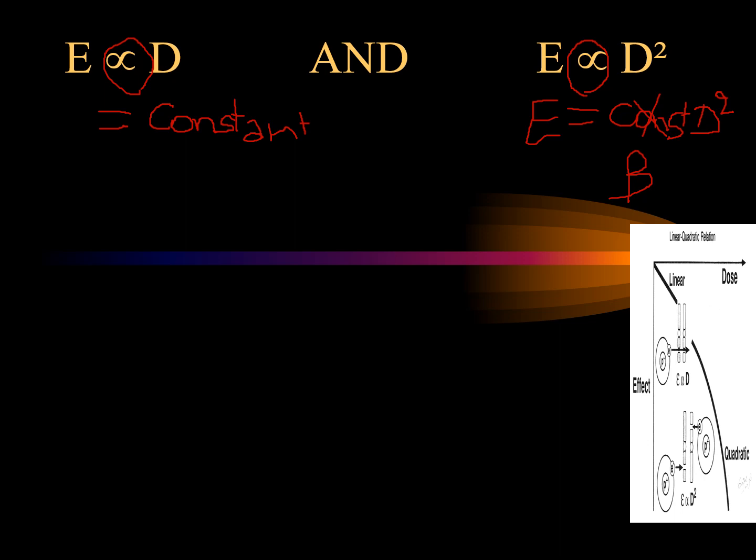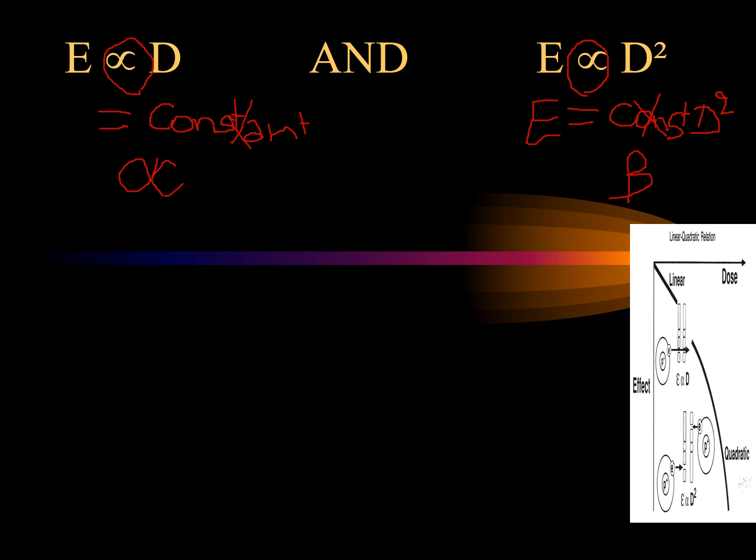You can call it theta, you can call it gamma, doesn't matter, but they choose the word beta. And on this side of the equation, they removed the proportion sign and added a constant and called it alpha. Don't ask me why. This is what they chose: alpha constant and beta constant.